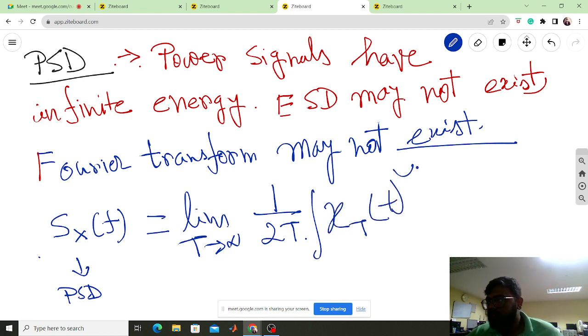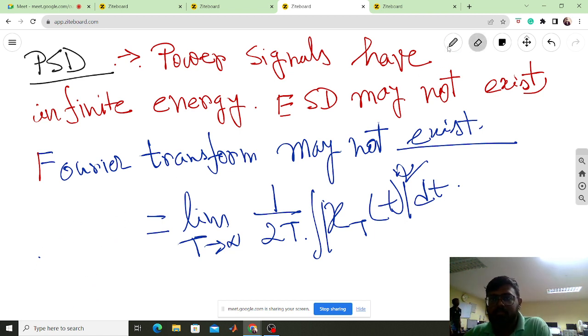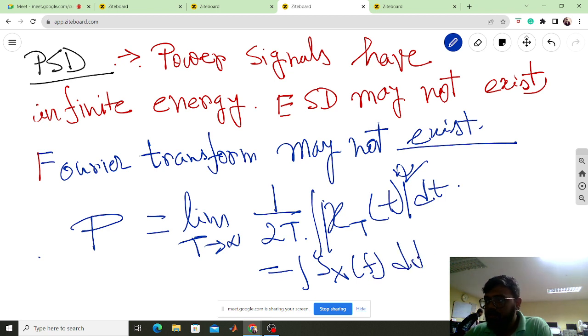x(t) square dt is the power. We can calculate the power with this equation df.